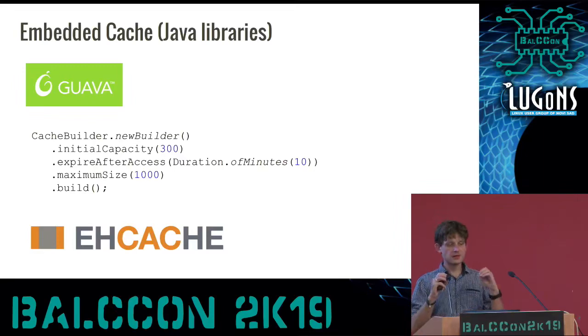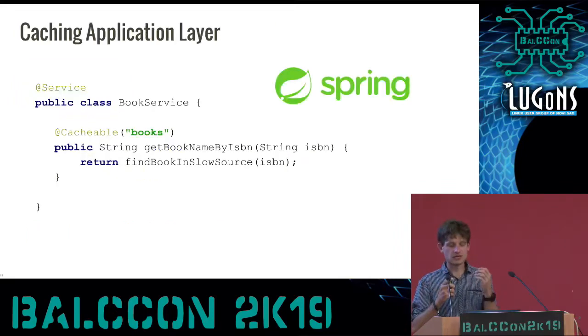If you don't want to implement all this caching logic yourself, we can move the caching one level higher to the application level. For example, in case of Spring, it's enough to add a few annotations and the cache is automatically used. So in this example, we just added the annotation Cacheable, and now every call to our method first checks if the given ISBN is already in cache.